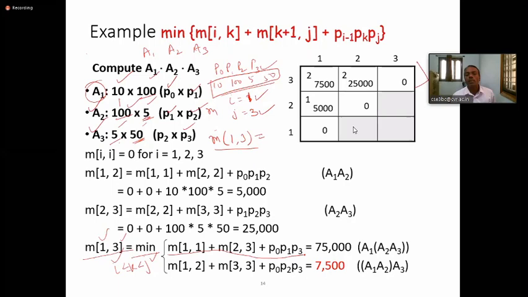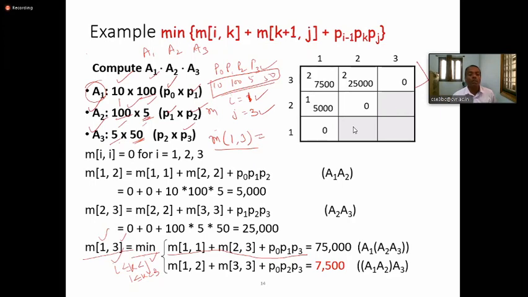Two options are there. i is equal to 1, and k is less than j, where j is equal to 3. How many k's can you take? k equal to 1 you can take, k equal to 2 you can take, k equal to 3 you should not take. Why? Because k must be less than 3, not equal to 3. So k equal to 1 you can take, k equal to 2 you can take, k is less than 3.